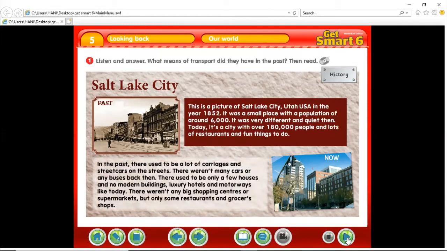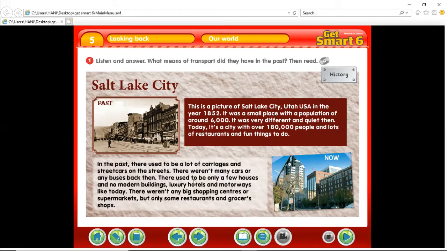What kinds of transport did they have in the past in this city, Salt Lake City? I think the answer is in the second part. Kinds of transport are written here. There used to be a lot of carriages, old cars, and streetcars on the streets. There weren't any cars or any buses back then.